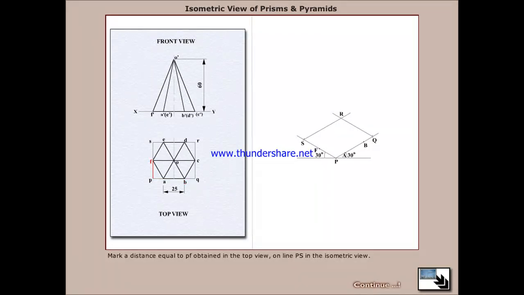The marked distance equal to PF obtained in the top view is marked on line PS in the isometric view.